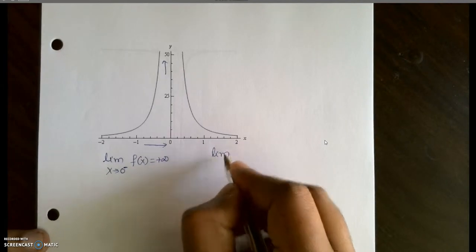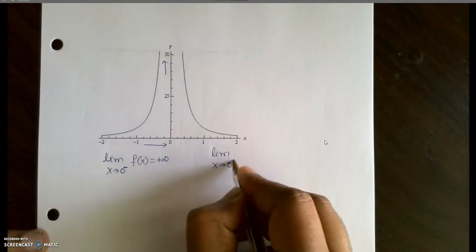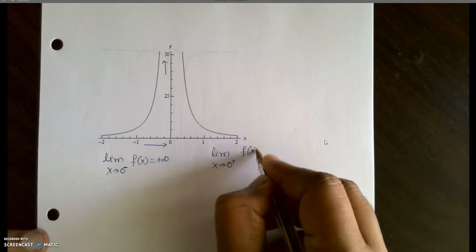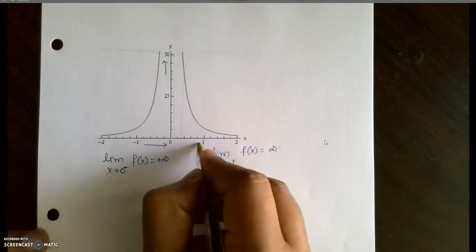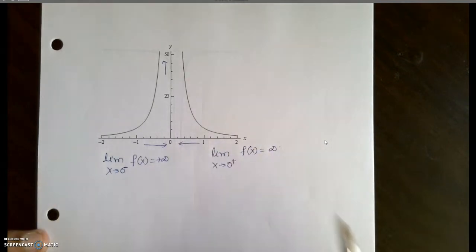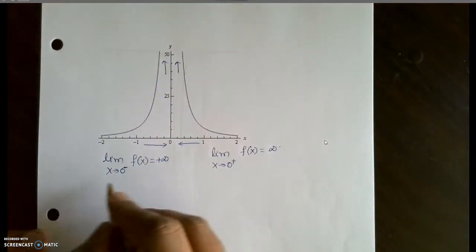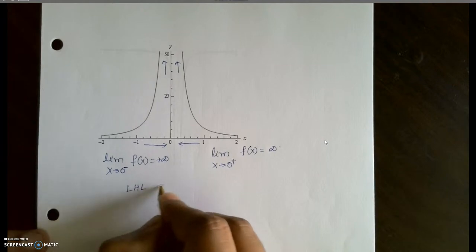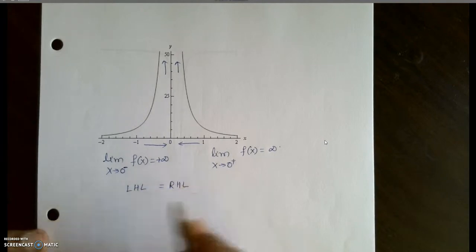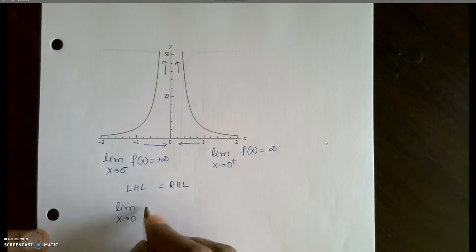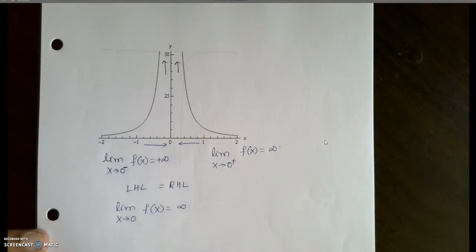Similarly, you see that the right-hand limit for the function at 0 is also positive infinity. Why? Because as x approaches 0 from the right, you see that the y value approaches positive infinity. And you can see that the left-hand limit is equal to the right-hand limit. So the limit of the function as x approaches 0 is going to be positive infinity for this function.